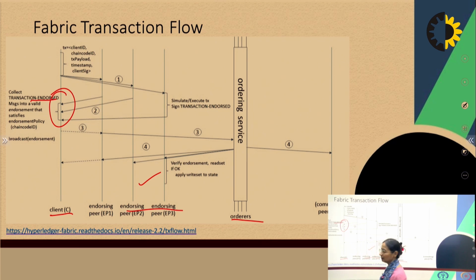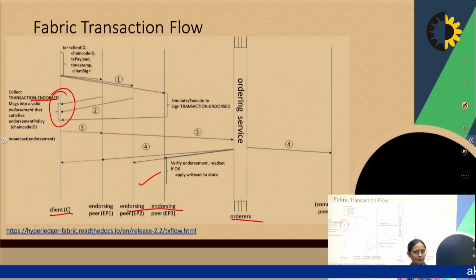Now again, at the client, it will look at the majority of the answers it is getting, and on the basis of the majority it will take the decision. Let's suppose all the endorsers validate the transaction. If they do, then it will broadcast this endorsement to the orderers. The orderers will verify the endorsement again.